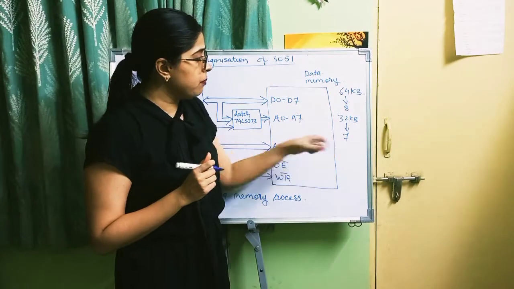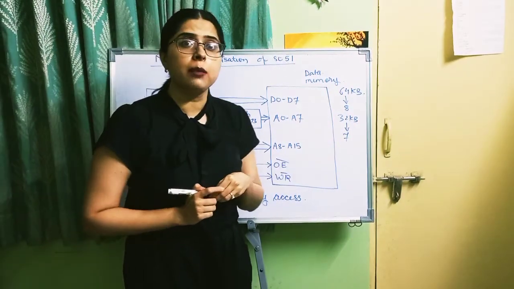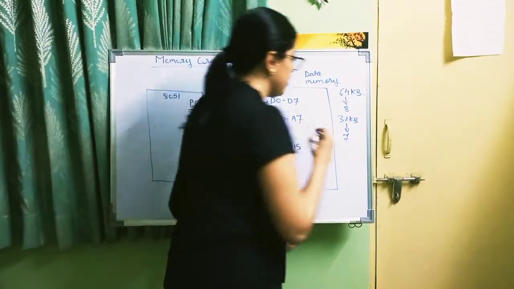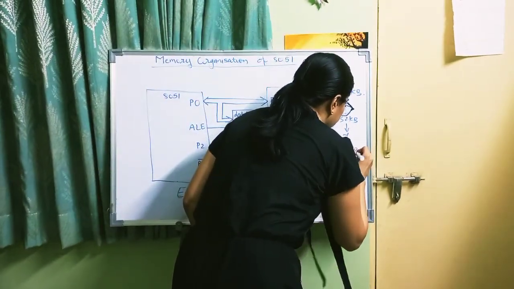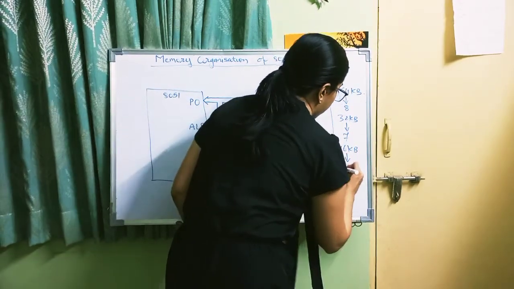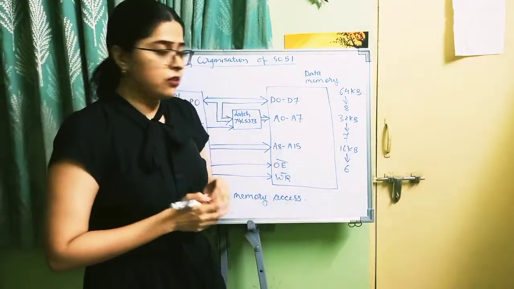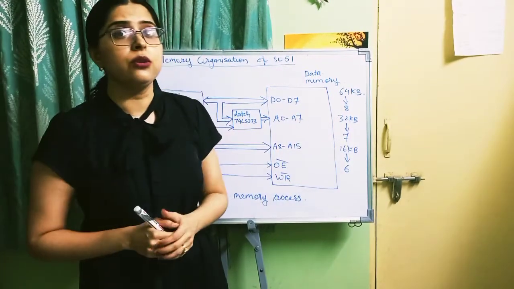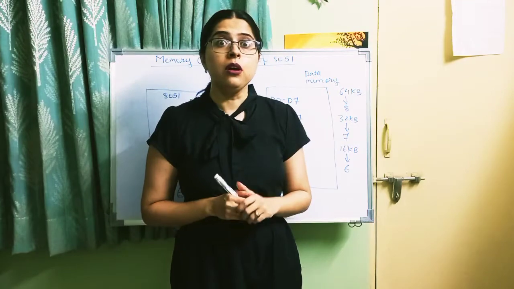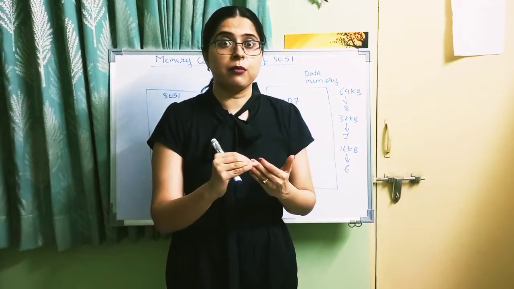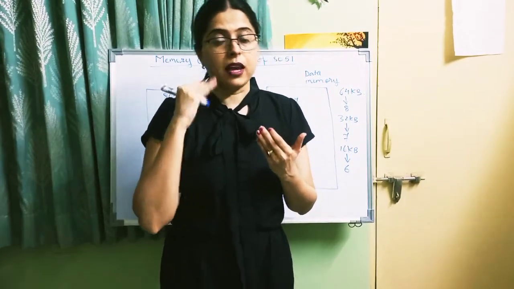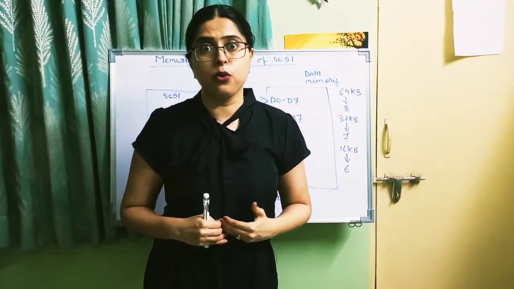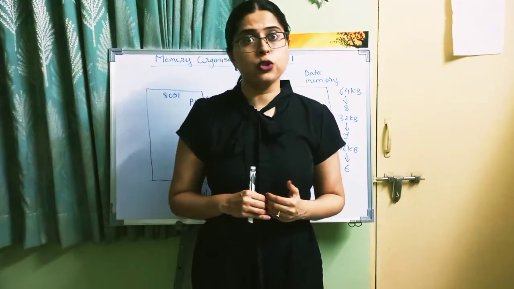We use 7 pins of port 2 for 32 KB data memory. And when the data memory is 16 KB, we use 6 lines of port 2. In this way, as the size of memory reduces, the number of port 2 pins used to access the data memory also reduces, so we can save the pins of port 2.